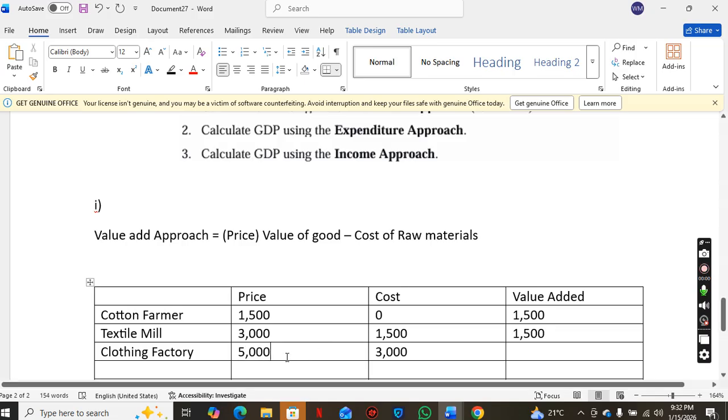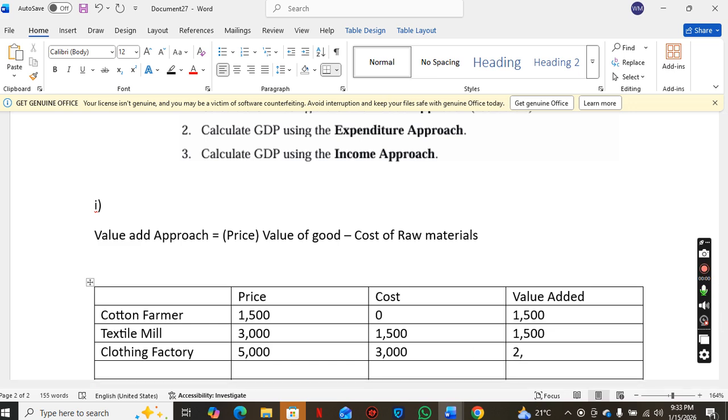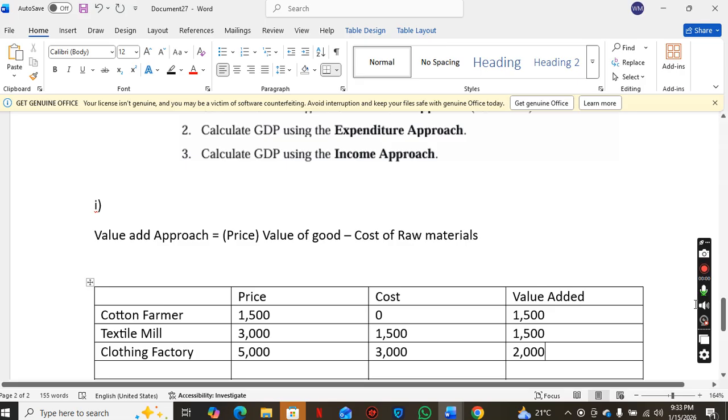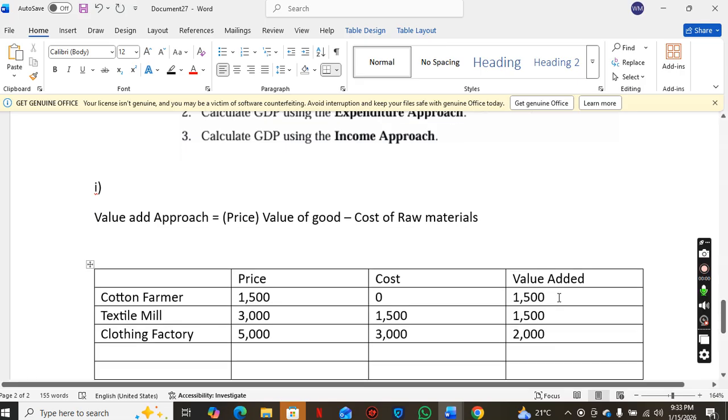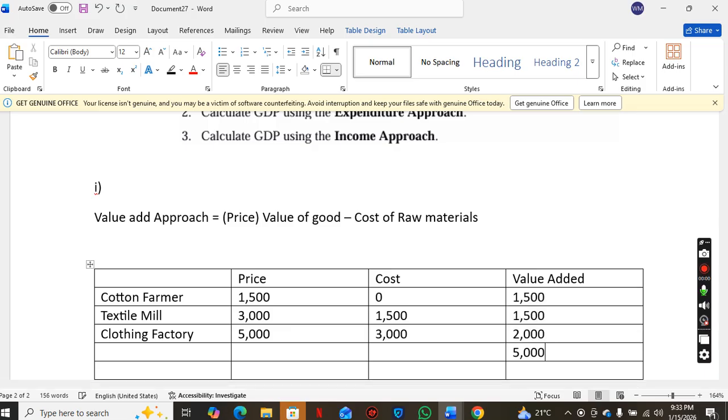So 5,000 minus 3,000, 2,000 kwacha. So the value added 1,500 plus 1,500 plus 2,000, you get 5,000 kwacha.